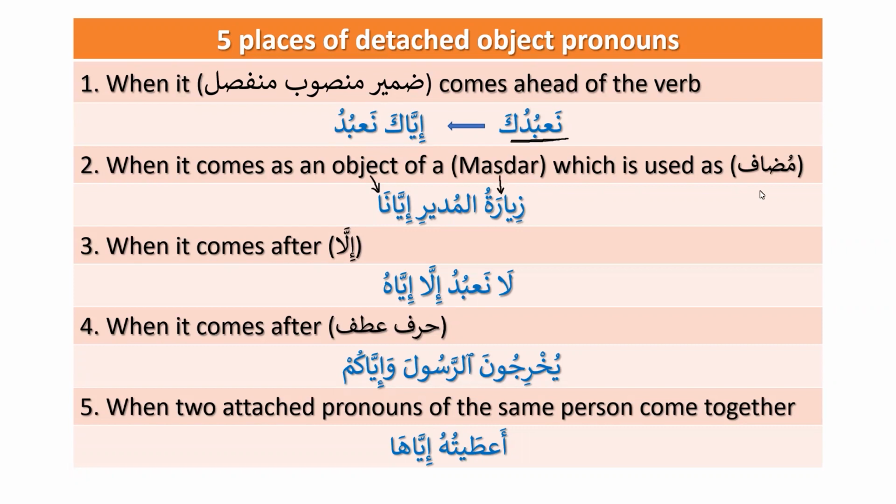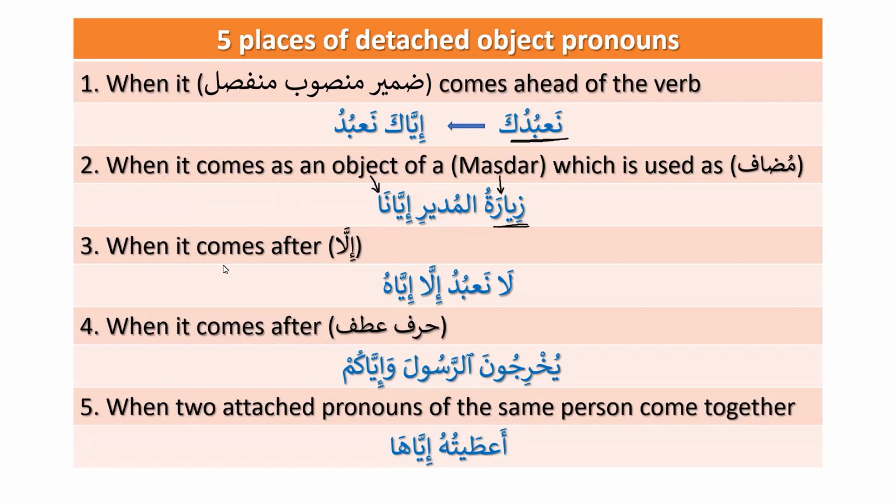So there are two conditions: number one, it should be masdar, and number two, it should be used as mudaf. As we can see over here, ziyaratul mudiri iyana. Ziyaratu is masdar and it is used as mudaf, and al-mudir is mudaf ilayh, and iyana is the detached pronoun.